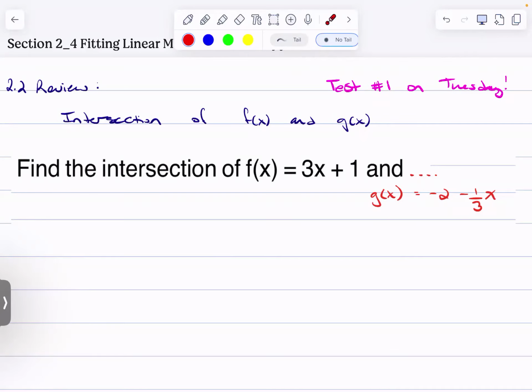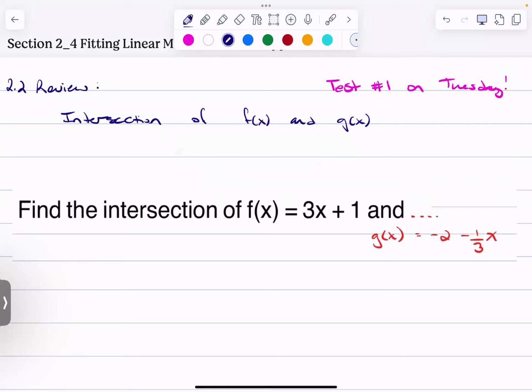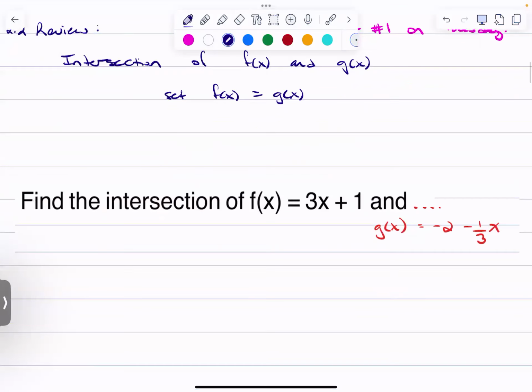I set those equal to each other, and then I can solve for the x that makes that happen. We set f of x equal to g of x and solve for x. Then solve for y, which is equal to f of x and g of x.